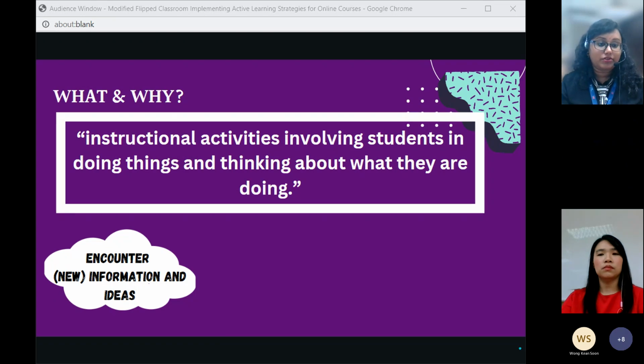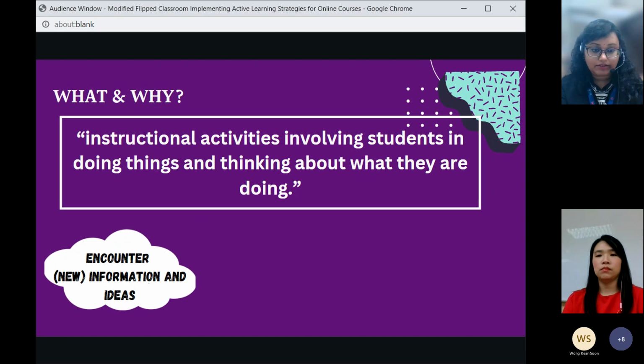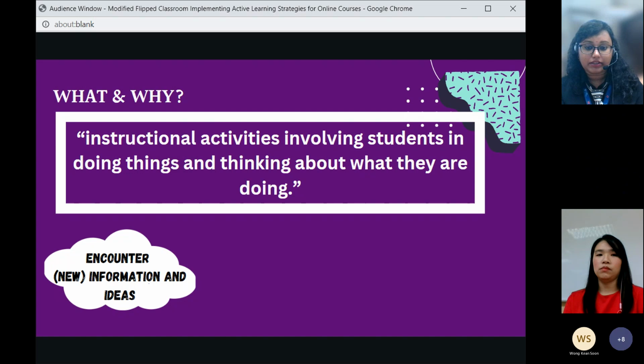So you can use flip here, definitely. You can prepare a short video, you can use lessons, you can use puzzles and all. So you provide them with new information about this particular topic.